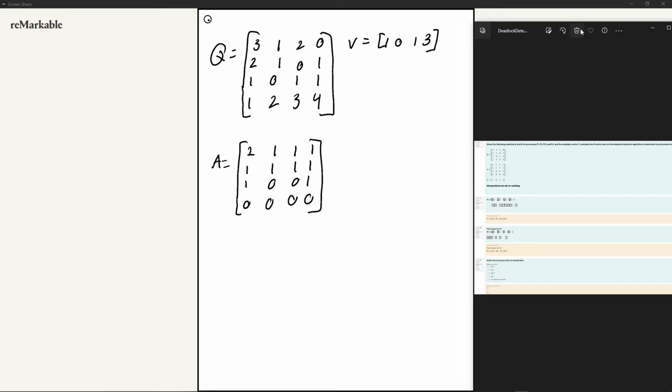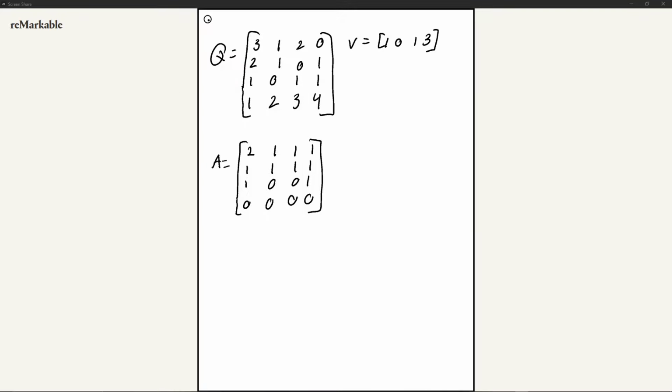Okay. All right. Let's go ahead and do this. So, we are given V. That's nice. We don't have to solve for V. I'll get a notification if he responds. Okay. Let's start off by labeling P1, P2, P3, and P4, because this is the raw question.